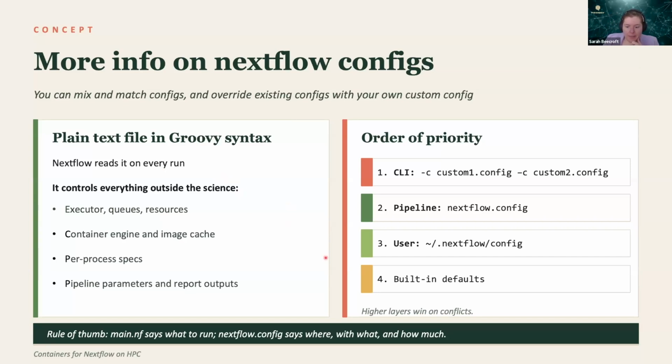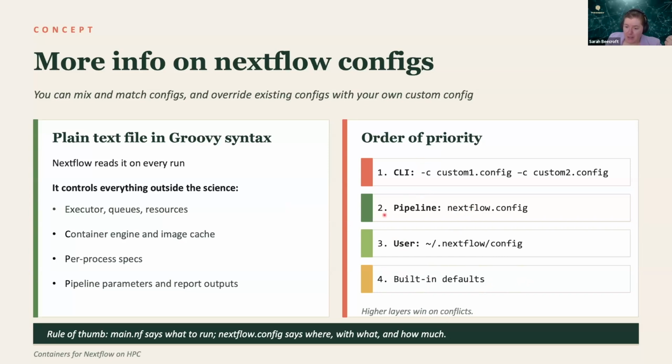This type of thing. So there's an order of priority. The built-in defaults are the lowest priority. So if you don't provide any additional specifications, that's what will get used. But if you have just a general user level Nextflow config that's living in your home, this will override the built-in defaults from the pipeline.